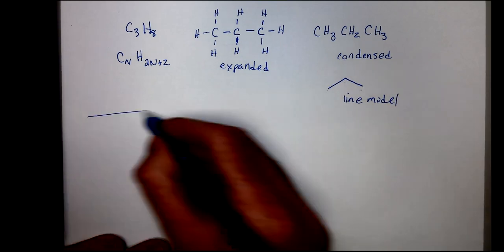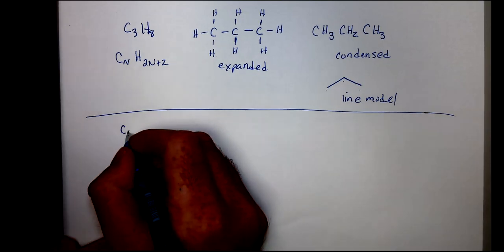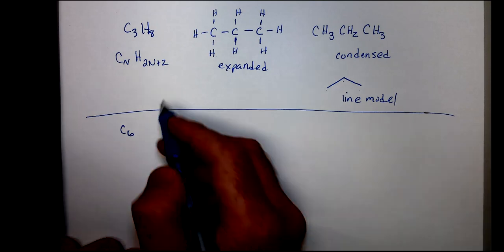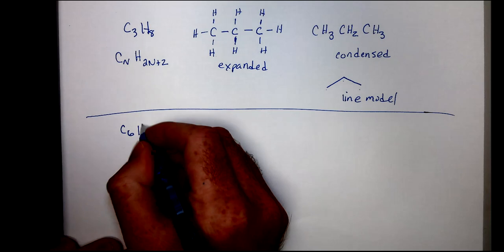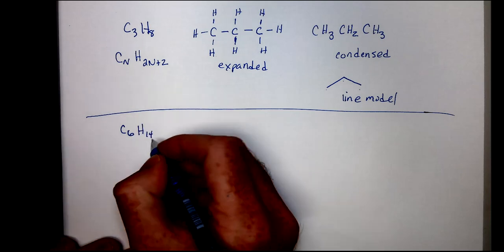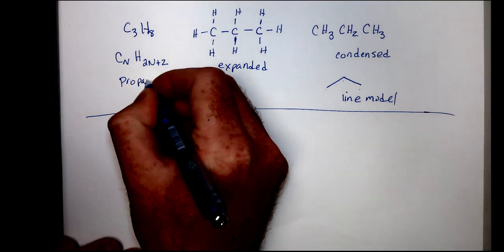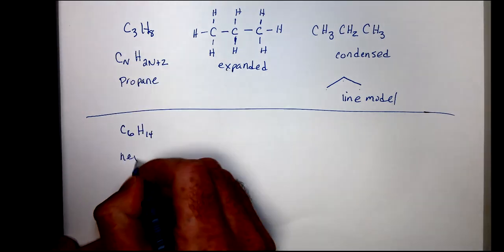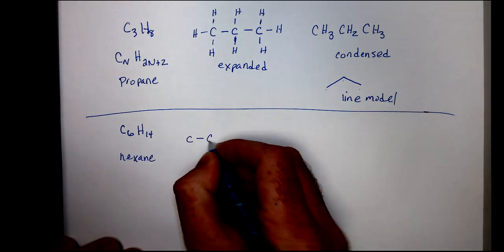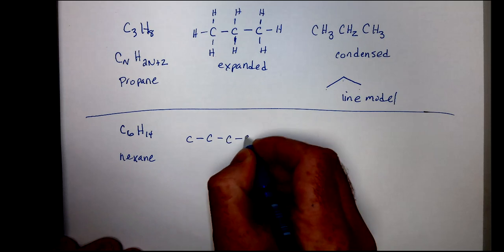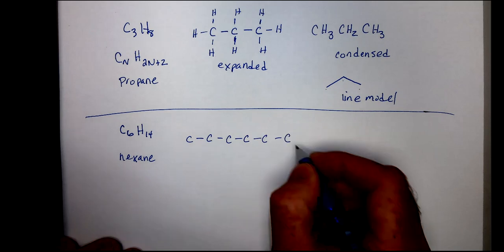Now let's do something a little bigger. Let's say if it's C6, 2N plus 2, that must mean it's going to be C6H14, which would be hexane. This one is propane. This one is hexane. So then I'm going to put 6 carbons in a row. 1, 2, 3, 4, 5, 6.